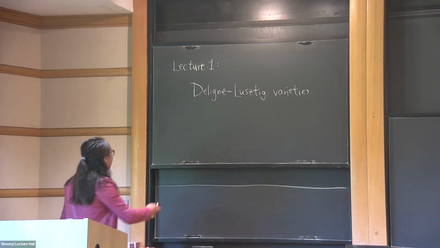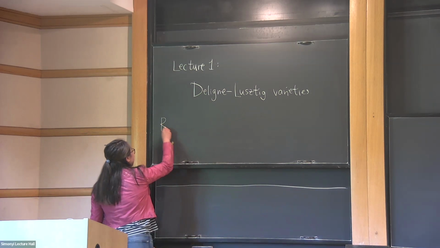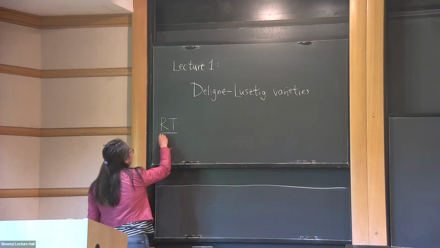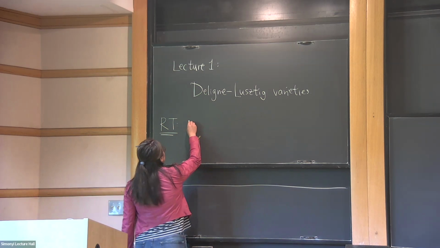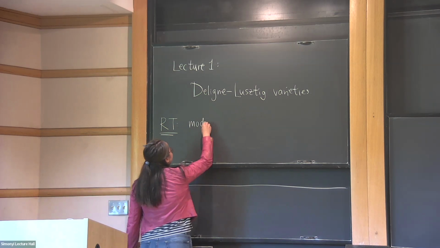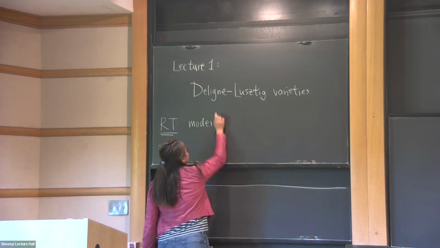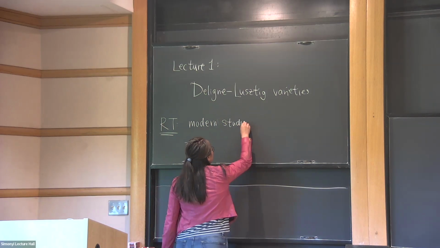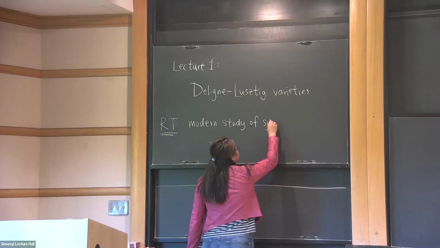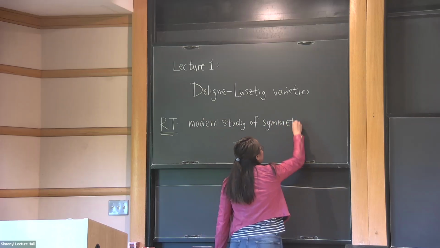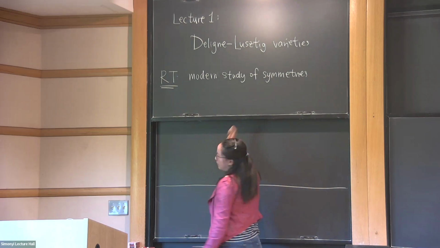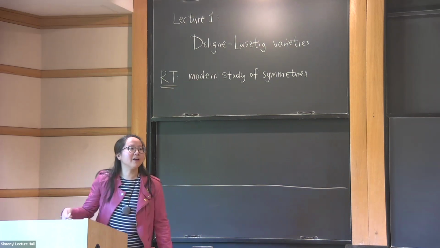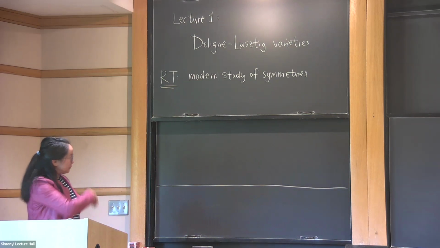So let me say, representation theory, which just for right now I'll abbreviate as RT, can be viewed as the modern study of symmetries. And it has many, many applications beyond the scope of pure mathematics as well.